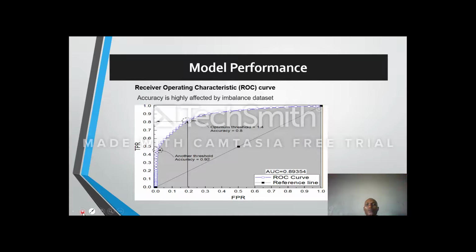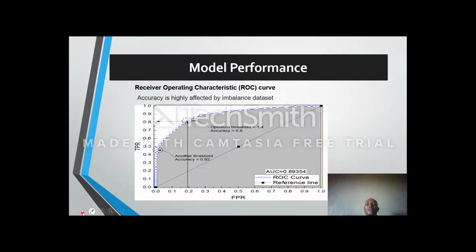Now let us go to the model performance used in this project. One of the main performance indicators used in this project is the receiver operating characteristics, the ROC curve.